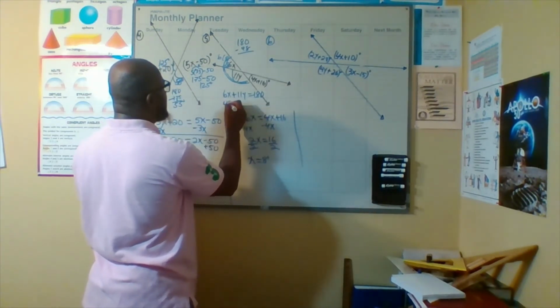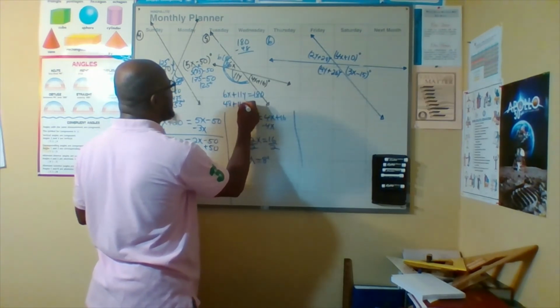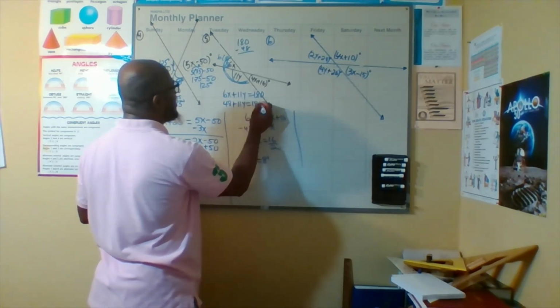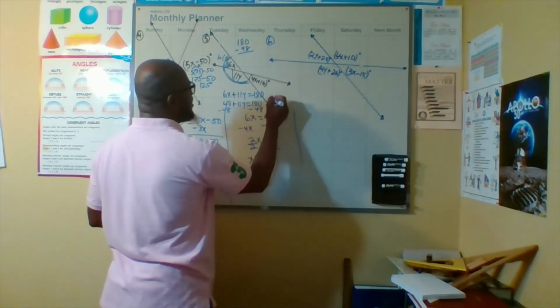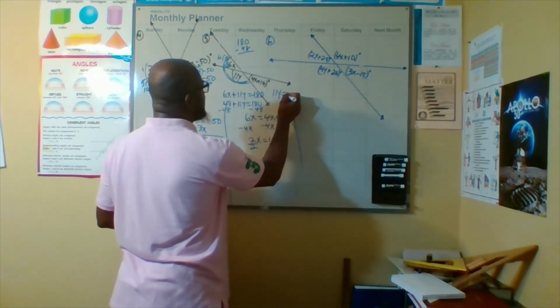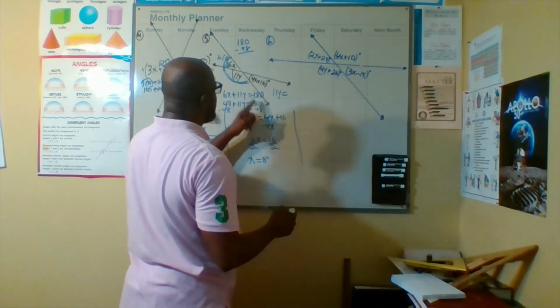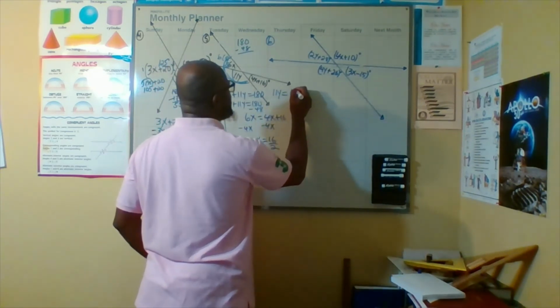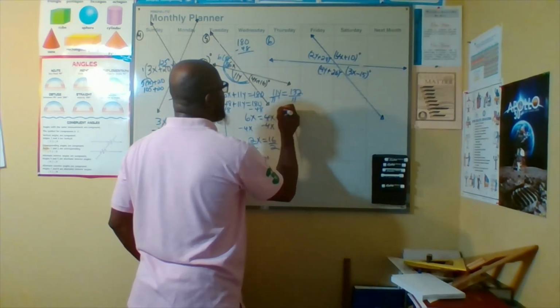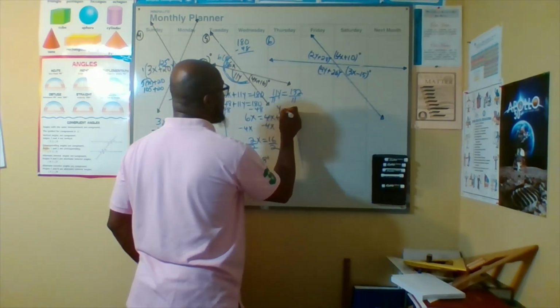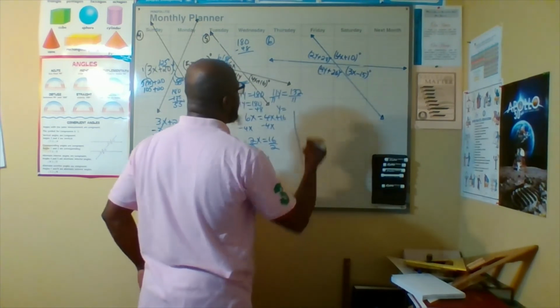We'll end up with 48 plus 11y is equal to 180. I will have to subtract 48 from each side. So I will end up with 11y equal 132. And you will ask yourself how many times 11 goes into 132. I believe it's 12 times.